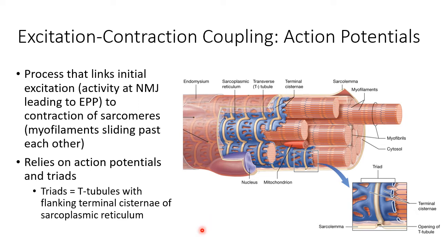It will also spread down into the T-tubules, because those are continuous with the sarcolemma. They're connected to the sarcolemma, and they have voltage-gated sodium and potassium channels in them. So your action potential will not only spread across the sarcolemma, but down into all of the T-tubules. And at that point, the triads will come into play.